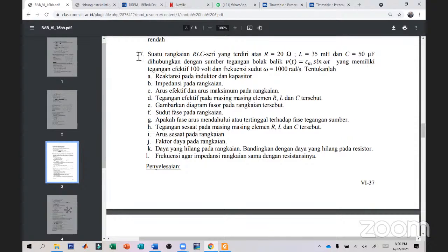Okay, now number 27. There is an RLC circuit composed of a resistor 20 ohm, and then an inductor 35 millihenry, and the capacitor is 50 microfarad.